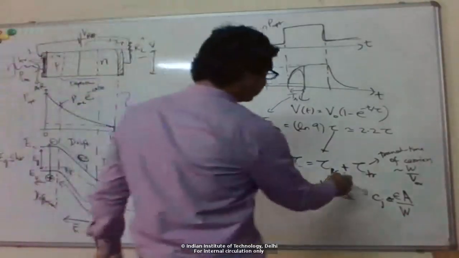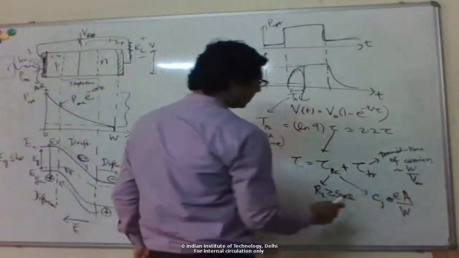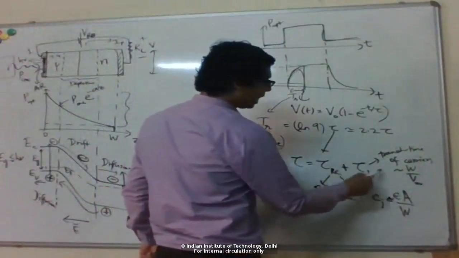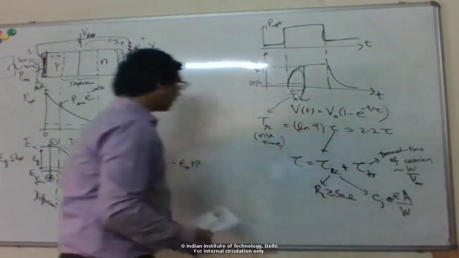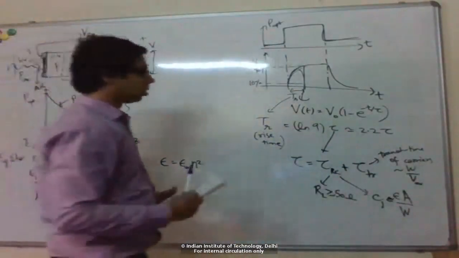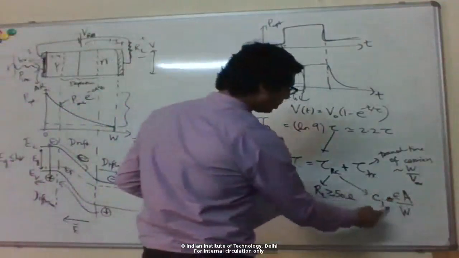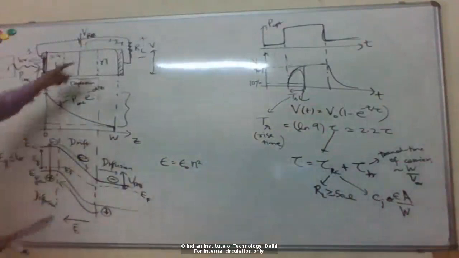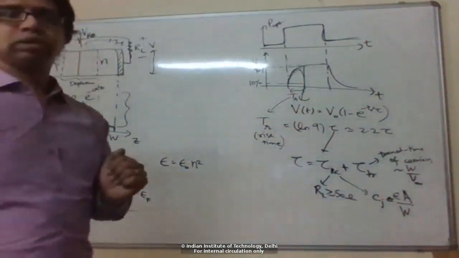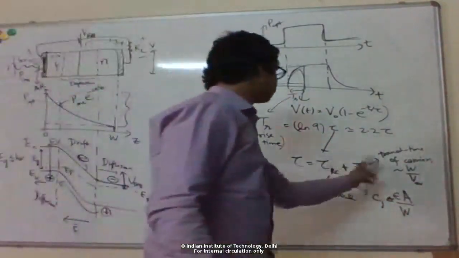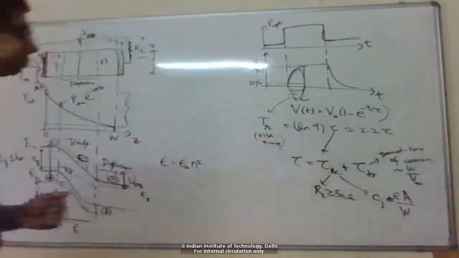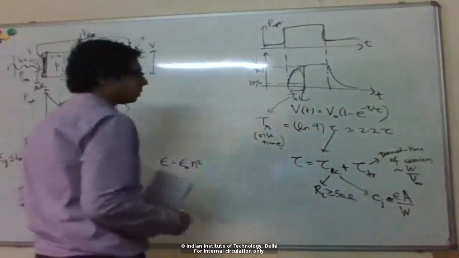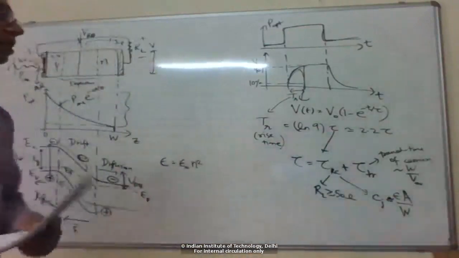Okay, so you can see that these two have opposite scaling, right? If I want a fast transit time, I want a small W, right? I want the carriers to quickly go across my device. But if I have a small W, that increases the capacitance of my device and increases the RC time constant. So we have these two opposing time scales or effects. So you can't make W too small or too large.